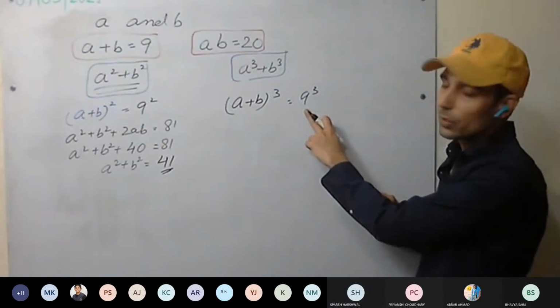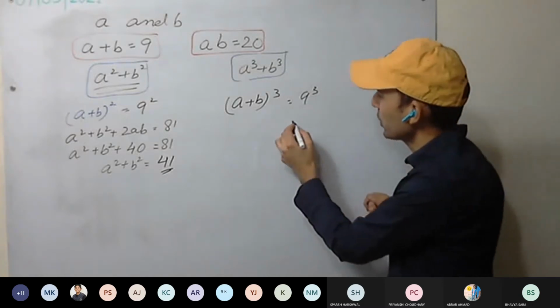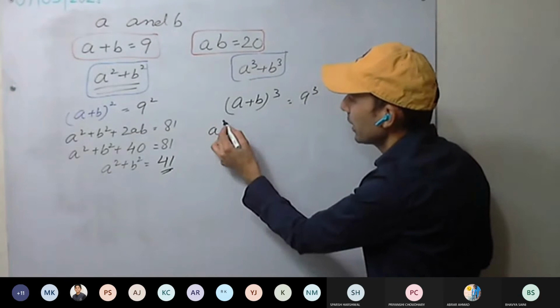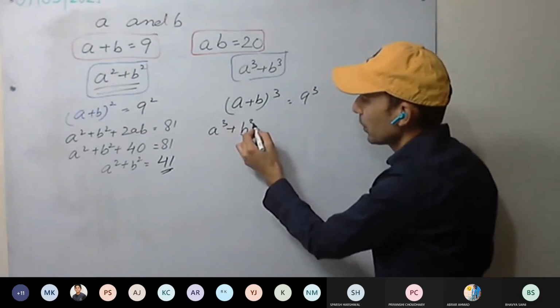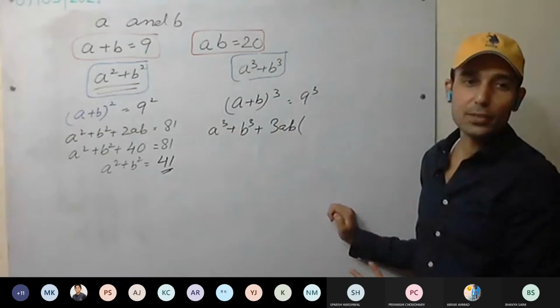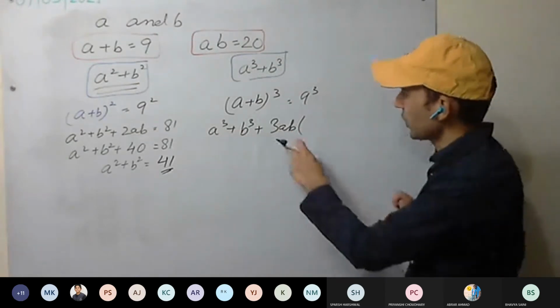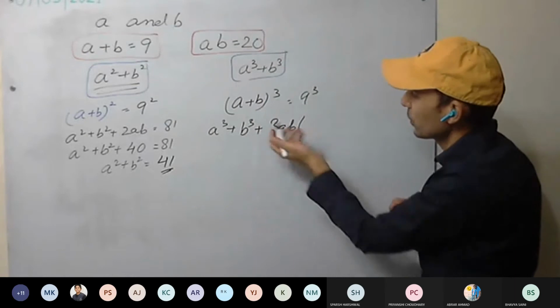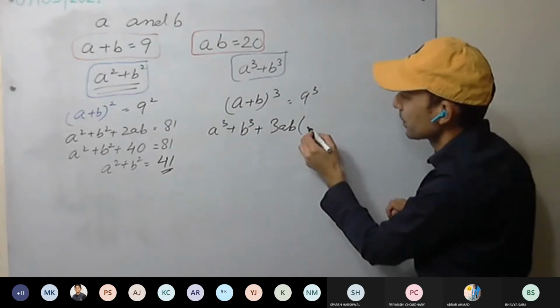A plus B the whole cube equal to 9 cube. 9 cube is how much? So this side we write first: A cube plus B cube plus 3AB, expanded. These questions are very easy. We don't have to run our mind as well. Only identities we have to put somewhere and make the best use of them.